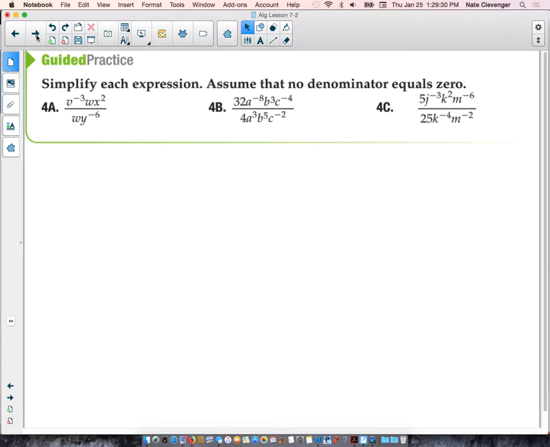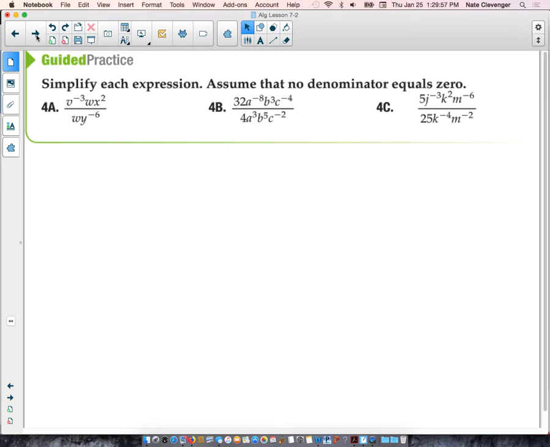Okay, so I got 32/4, which reduces to 8. No, 8/1. Oh yeah, sorry. I wrote it down backwards. You got it. I'm gonna bring the 8 down.